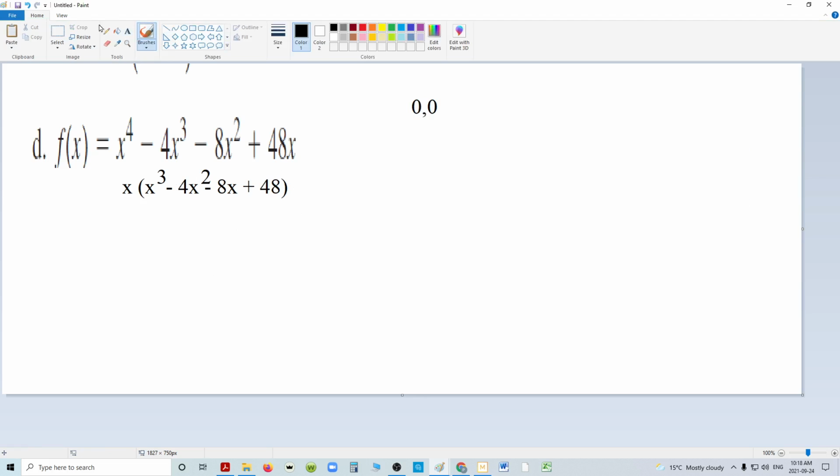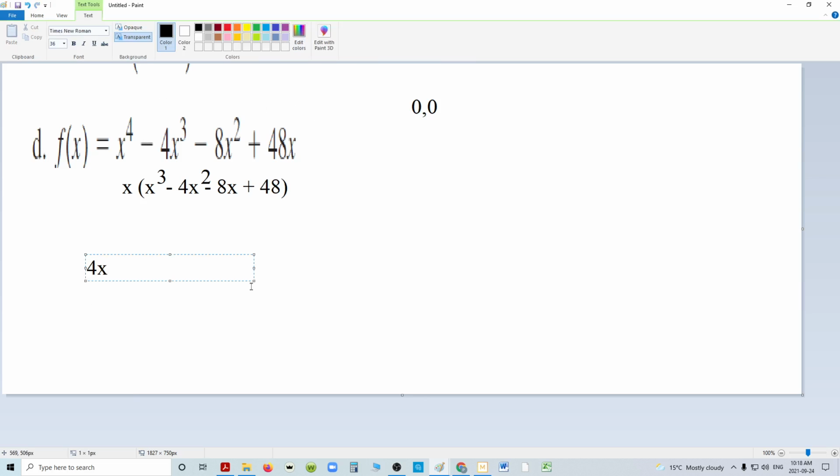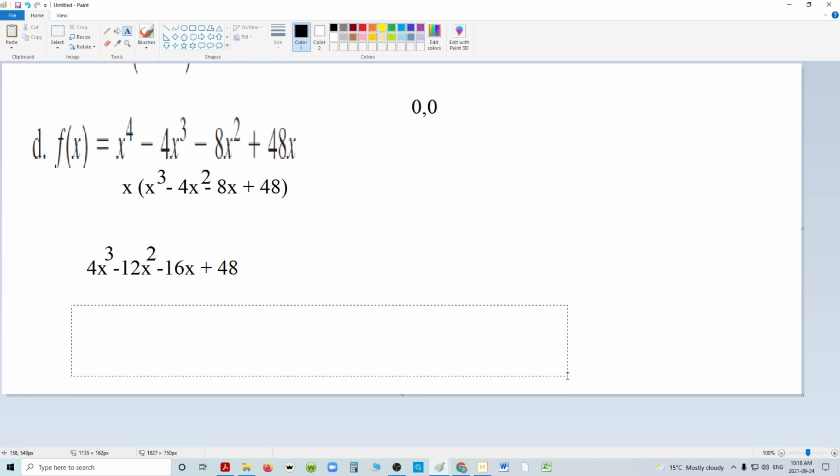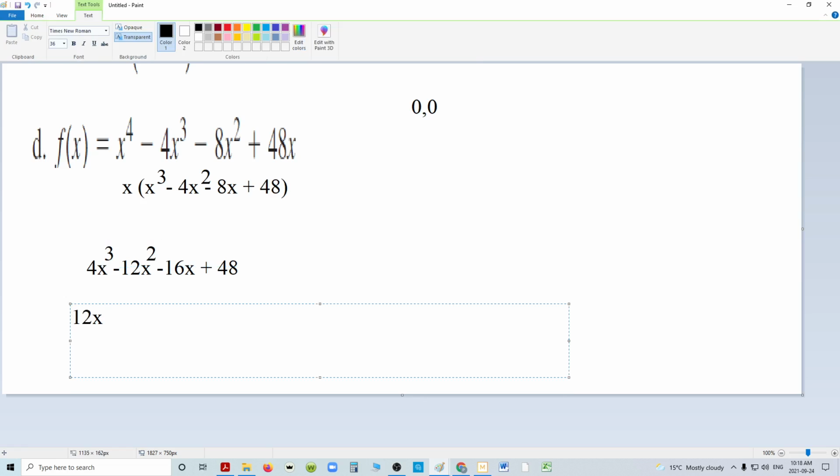When I take the derivative of the main thing, I get 4x cubed minus 12x squared minus 16x plus 48. When I take the second derivative of that, I get 12x squared minus 24x minus 16.